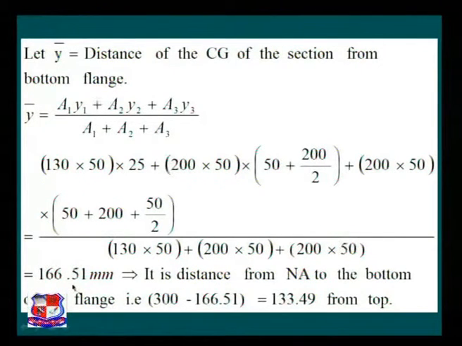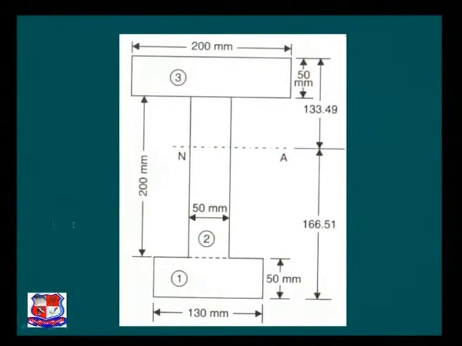That is the distance from the neutral axis to the bottom flange. So the top flange distance is 133.49 mm from the top. If you refer to the figure, this is the neutral axis and the distance to the bottom flange is 166.51 mm, while from this neutral axis to the top flange the distance is 133.49 mm.